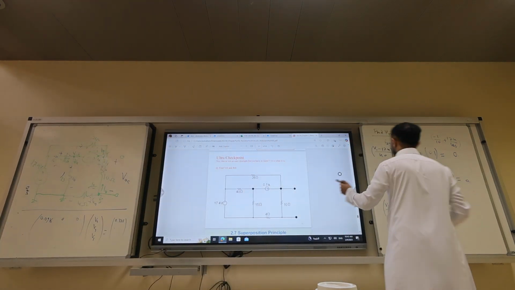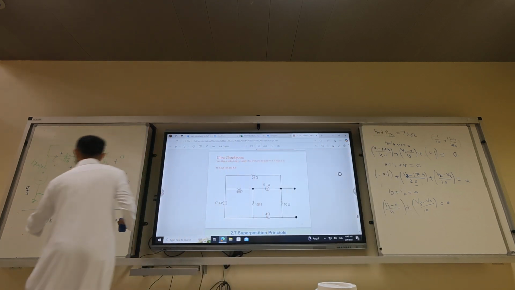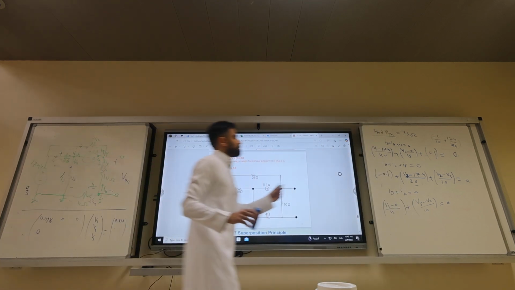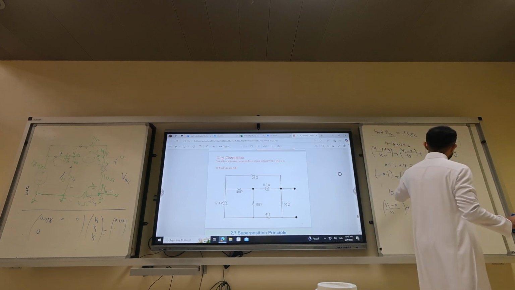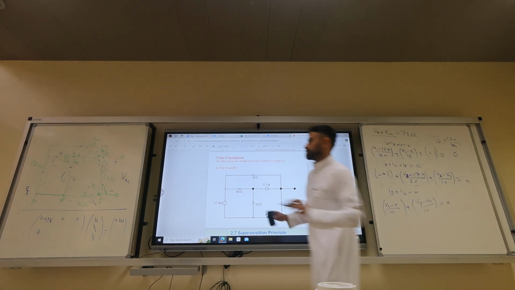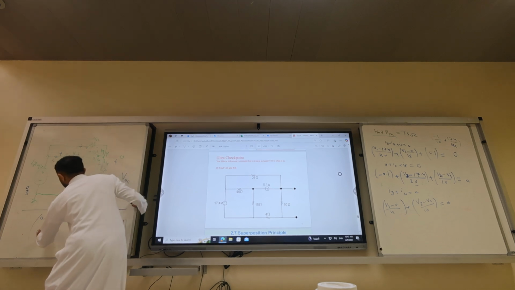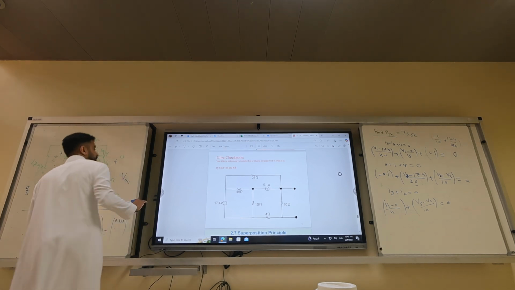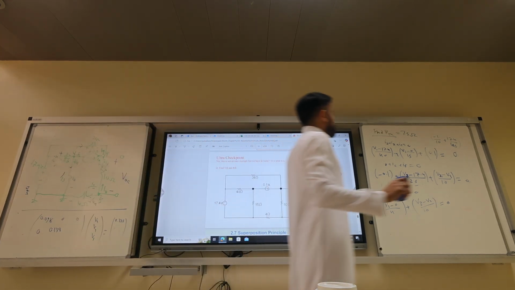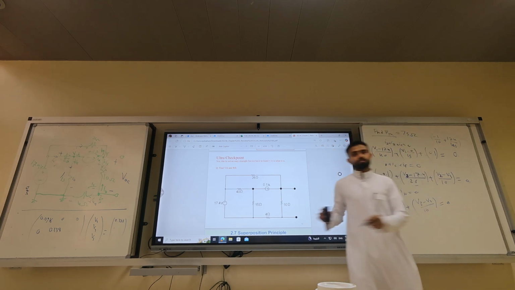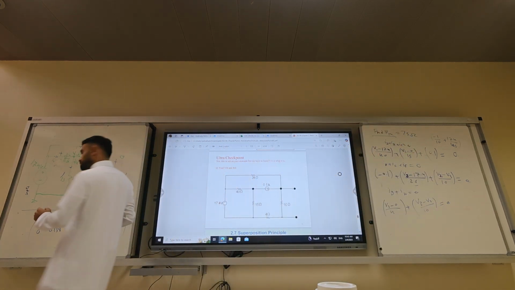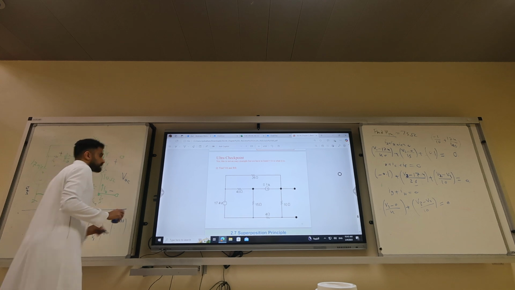Line number 2. Is there anything for V1? For V2? 1 over 26 plus 1 over 10. 0.138. How about V3? Should be minus 0.1. What is the constant?